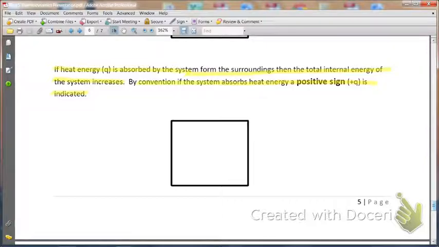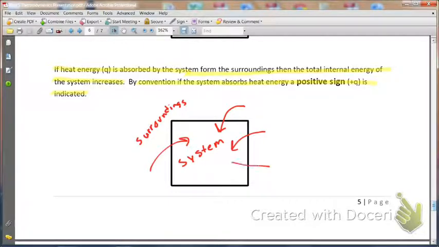Okay, so again, we have our system here, and we have our surroundings. Now we're going to look at heat energy actually coming in to the system from the surrounding environment.